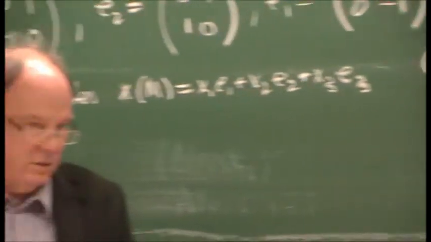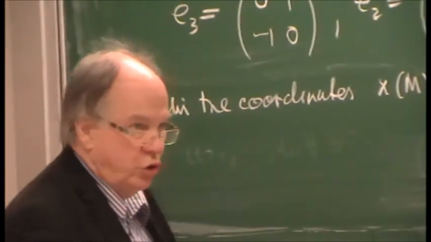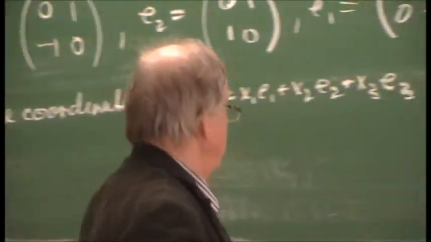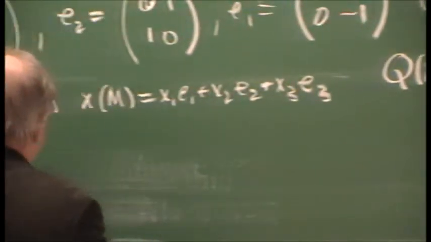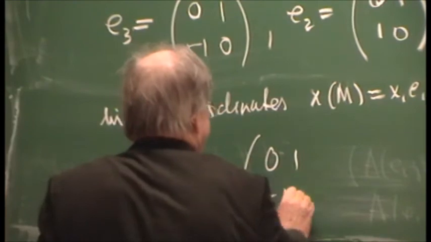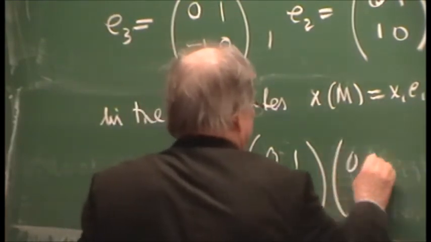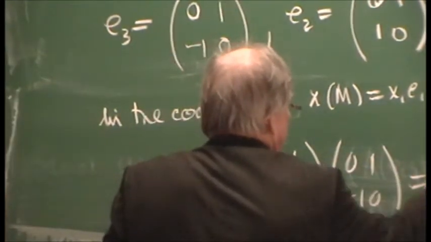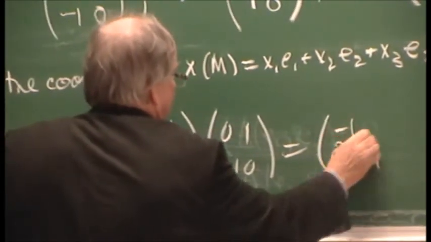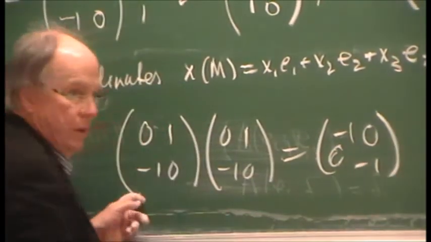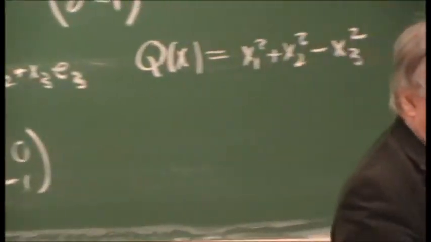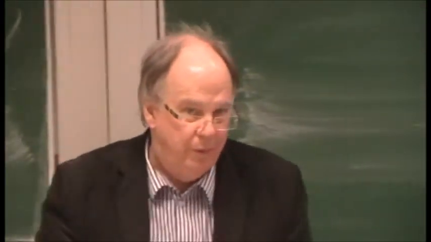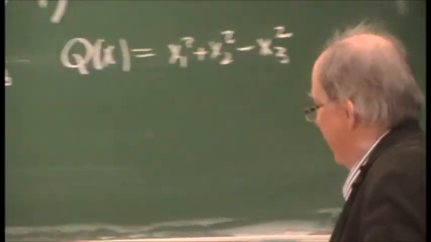So this is the Lorentz form, signature 2-1. Where is the minus? Let's check it. The trace is minus 2 divided by 2. So this is a metric of signature 2-1.